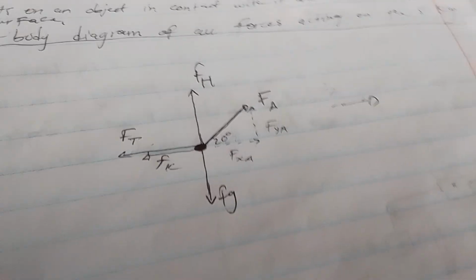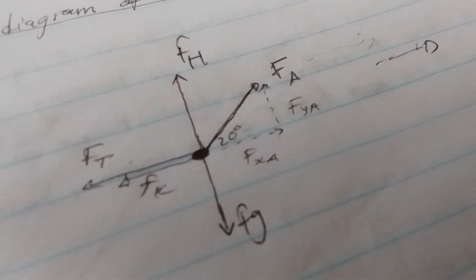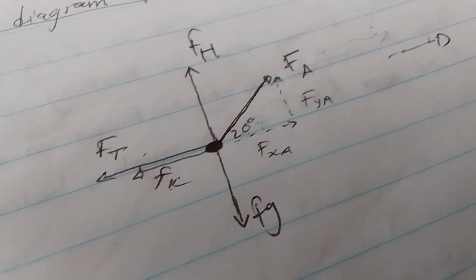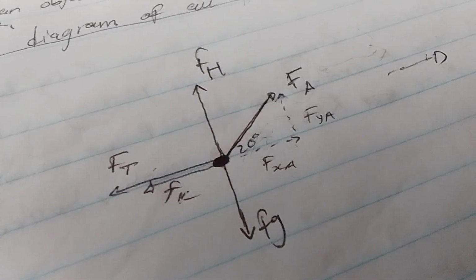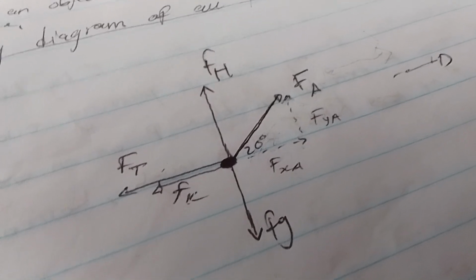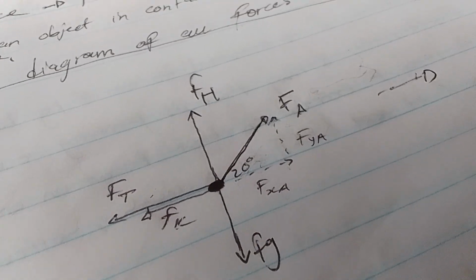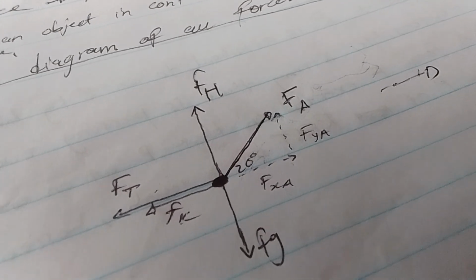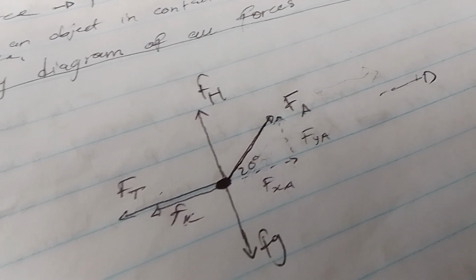So okay, our FA applied is on an incline. You can see that angle there is 20 degrees. So it means here we'll have to find the components that are going to follow the principle of either perpendicular to the surface or parallel to the surface. That principle, because we need to use the forces that are following the principle of either perpendicular to the surface or parallel to the surface.